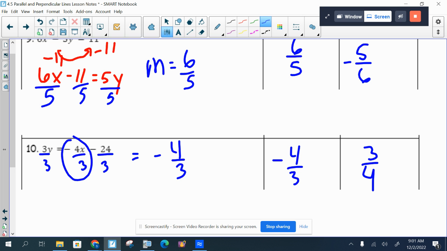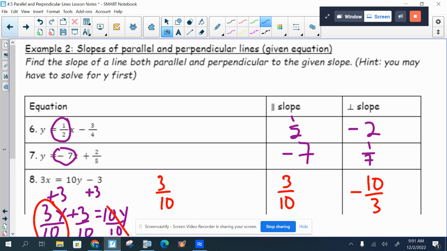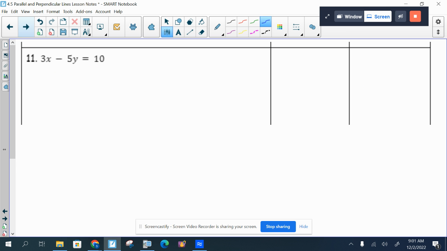So if you haven't done the last one, I'll let you have a minute to try it out. That's another one like 9, where I might just add the 5y over and subtract the 10. Unless you like just keeping y on the left side. But it really doesn't matter.